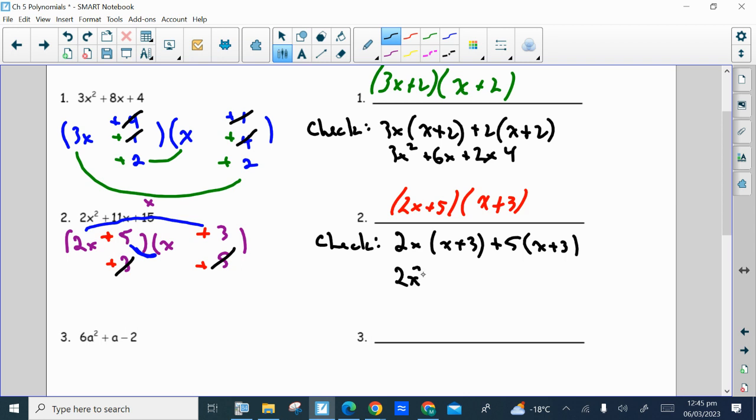2x times x is 2x squared. 2x times 3 is our positive 6x. 5 times x is positive 5x. And 5 times 3 is 15. Again, you've got your 2x squared as the first term. You've got your 15 as the last term. When you add 6x and 5x together, you get the middle term of 11x. So we have just shown that our factors are correct.